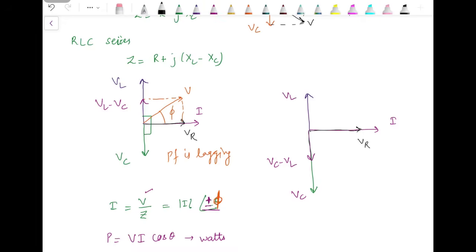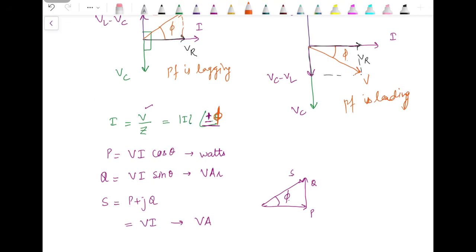The resultant of VC minus VL and VR is actually supply voltage V, which is at angle phi. Now current is leading the voltage, so power factor is leading power factor in case of RLC series circuit. So plus sign over here.